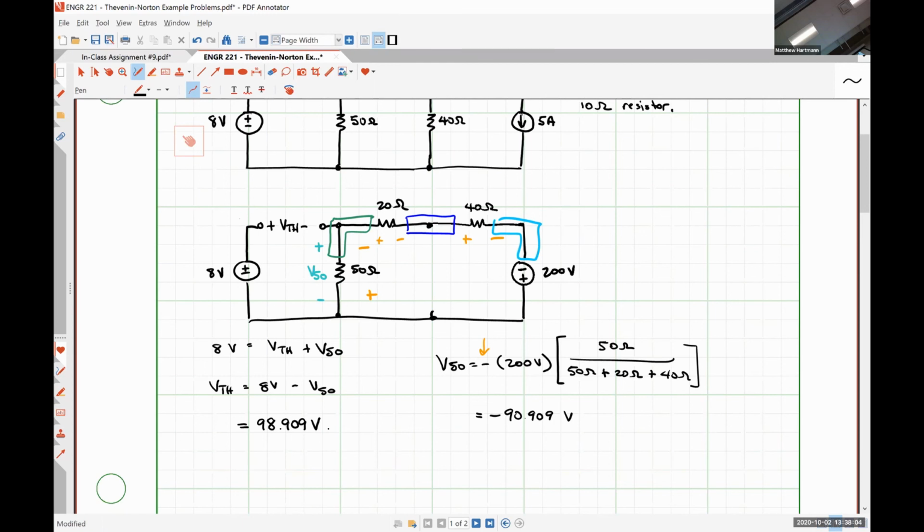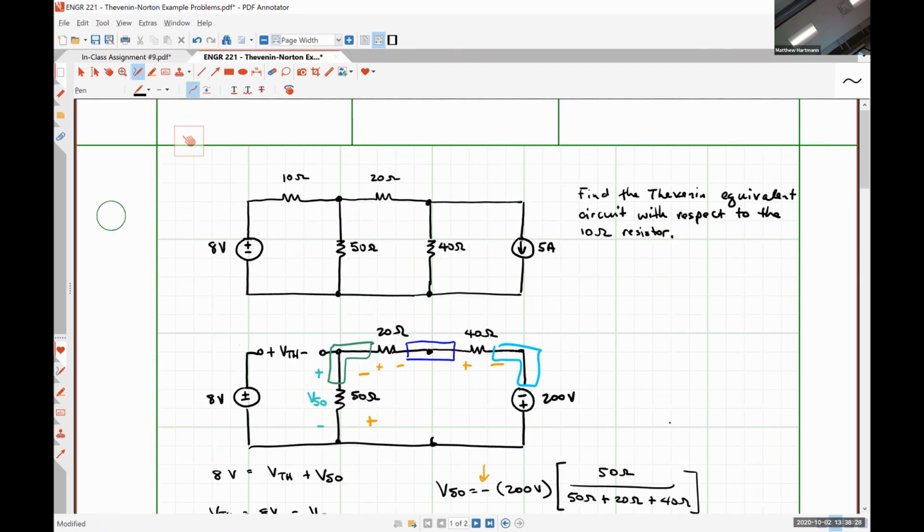One of the beautiful things about Thevenin and Norton circuit analysis is that to determine the Thevenin voltage and the Norton current, we can really use whatever circuit analysis technique we are most comfortable with, as long as we understand what the definition of the Thevenin voltage and the Norton current are. So in this case, we kind of threw a couple of different things at it, worked out pretty straightforward. We could have started with our original circuit and done nodal analysis, and that would have been okay as well. There's only two unknown nodal voltages the way that this is drawn. Just whatever floats your boat works as long as you get to the correct answer.